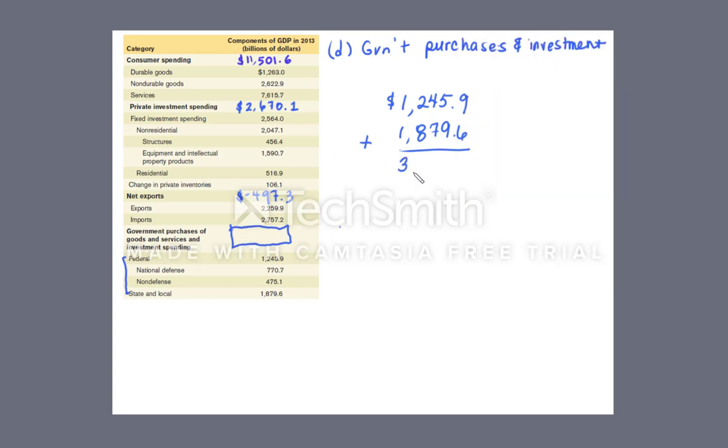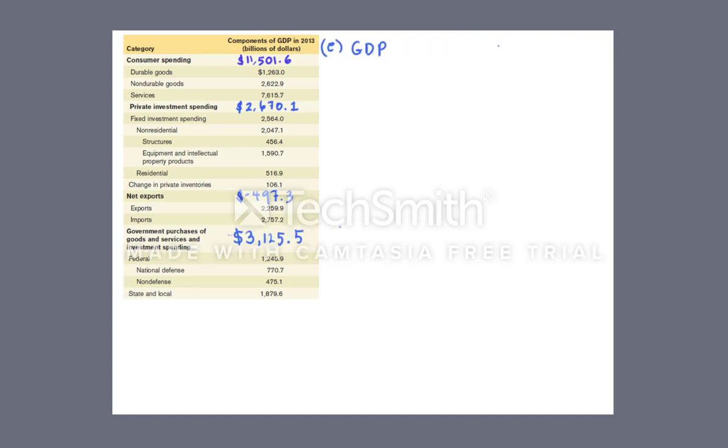Part E asks us to calculate 2013 GDP. Remember our formula that we went over in class. GDP is going to be consumer spending plus investment plus government spending and expenditure plus exports minus imports.